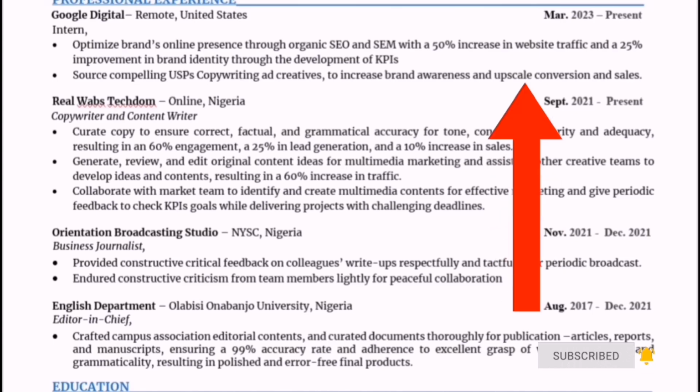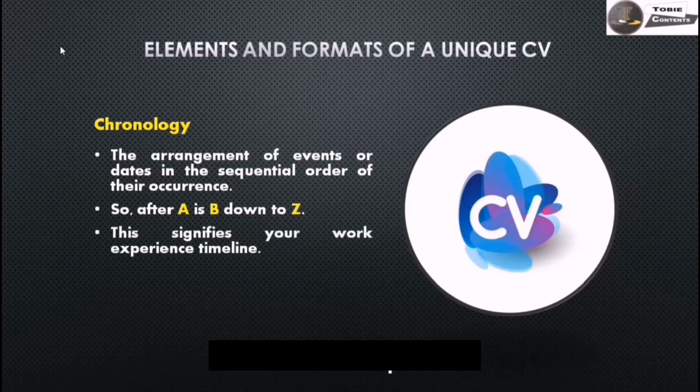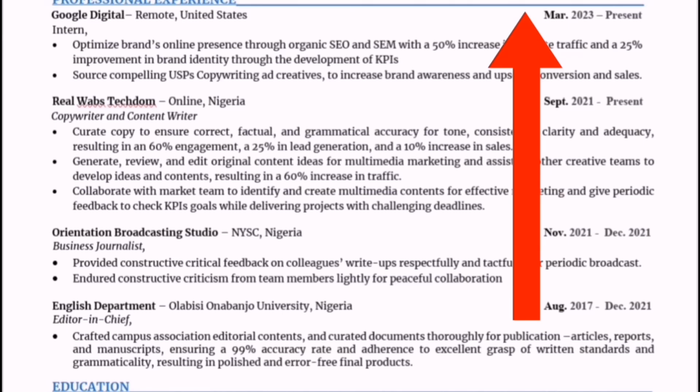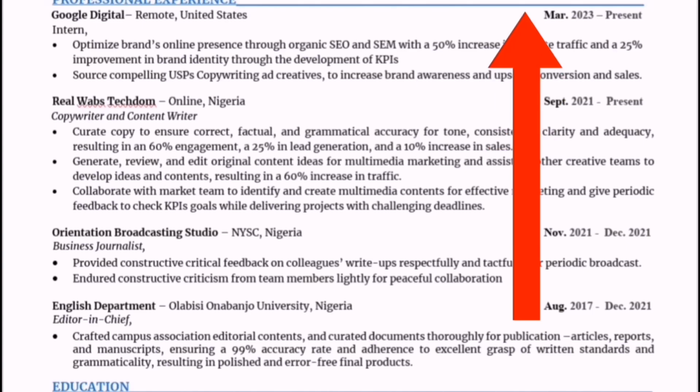So, concerning the resume, you ensure that occurrences are put in sequential order, meaning that what happened yesterday has to come before what happens today, and today will come before what happens tomorrow. So it has to be in that order.